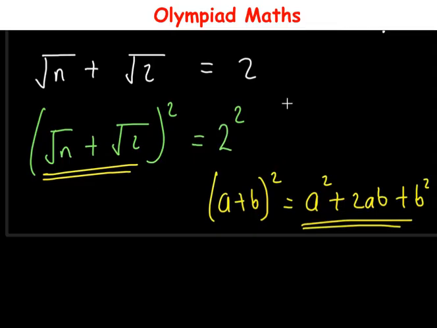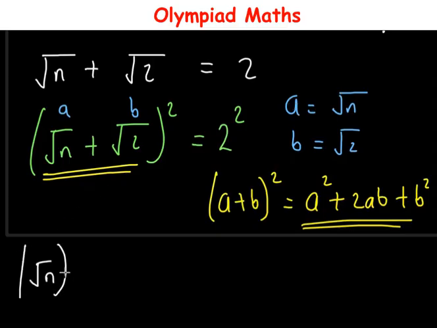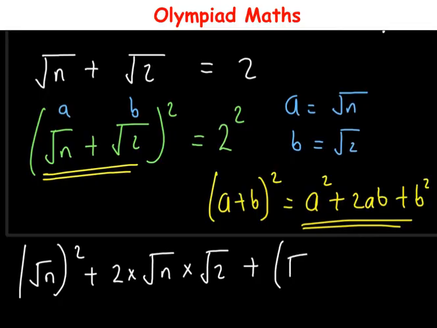And by the way, the value of a is equal to root n, while the value of b is equal to root 2. So this is a and this is b. Therefore, expanding it, what we have is a squared, a is root n, so in brackets, root n all squared plus 2 times a, which is root n, times b, which is root 2, plus b squared, b is root 2, so root 2 all squared is equal to 2 squared, which is 4.